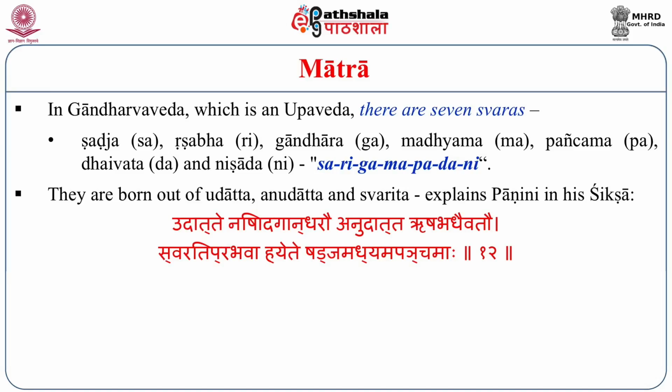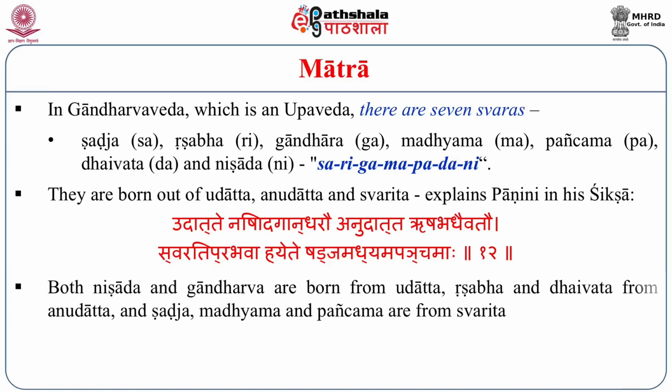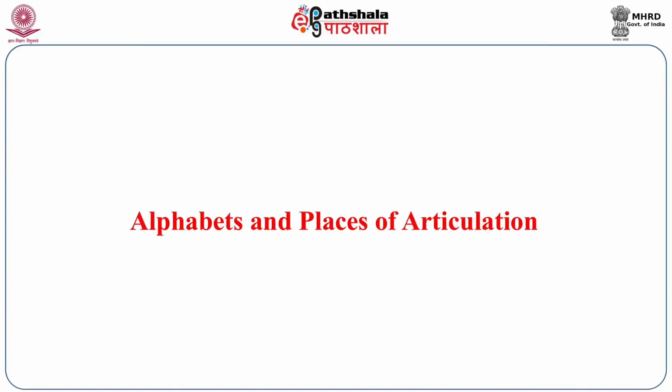Udatte nishada gandharau, anudatta rishabhadaivatau, svaraprabhava hyete shadja madhyama panchamaha. This is how the swaras are born. Both Nishada and Gandhara are born from Udatta, Rishabha and Dhaivata from Anudatta, and Shadja, Madhyama and Panchama are from Svarita. That is the meaning of the verse.